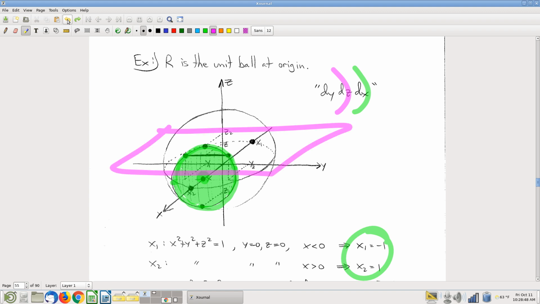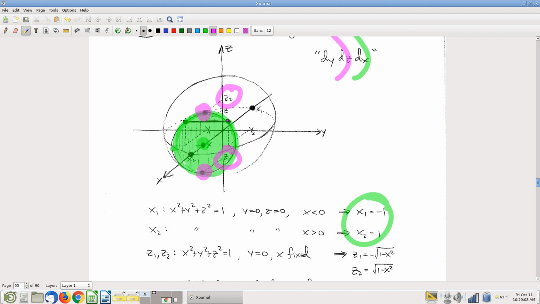And so the first slice is going to be there. My last slice is going to be there. And I need to ask myself what I know about those 2 points, because those 2 points give me my 2 bounds, z1 and z2 that I'm looking for.